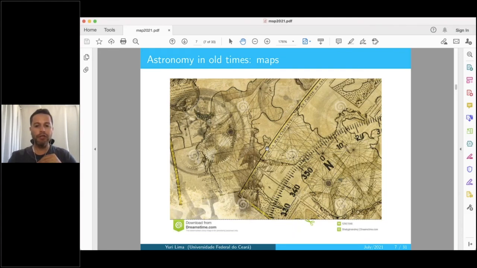So the question now is not only looking at the sky and seeing where the planets are, but furthermore trying to predict where the planets are going. Because depending on the movement of the planets, you can better localize yourself here on the Earth.